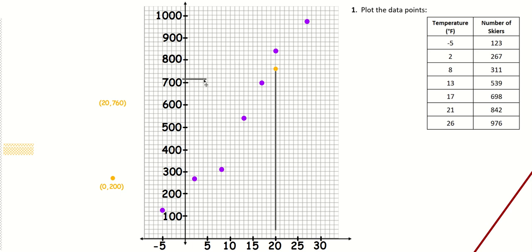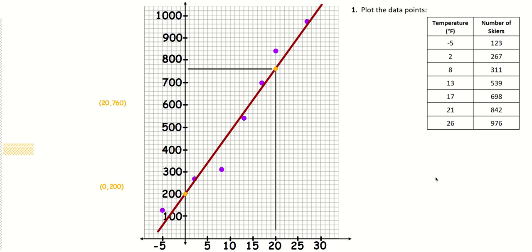So this is 720, 740, 760. Okay, good. Now 0, 200, that's a little bit easier. And so again, I'm saying that we're all going to agree that our line of best fit for the purple dots will pass through those two orange points.